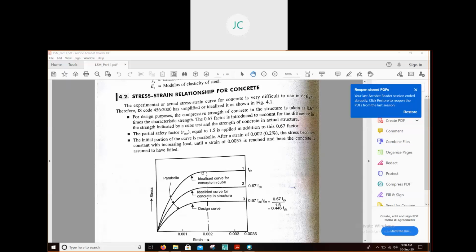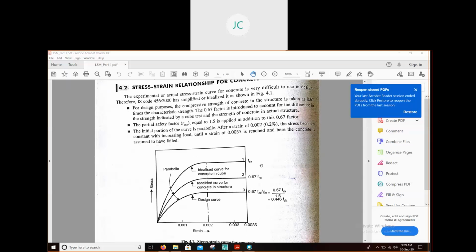But this is for design purposes, the compressive strength of concrete in the structure. I told you in the last class, while constructing a structure, the strength is approximately a little bit reduced. So according to IS 456, we assume that this strength will be reduced to 0.67 times the characteristic strength.